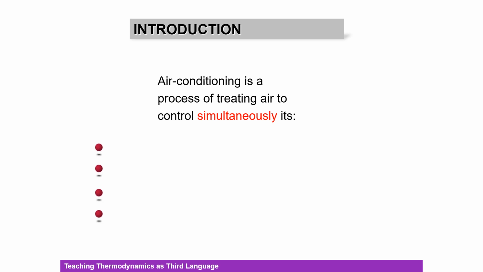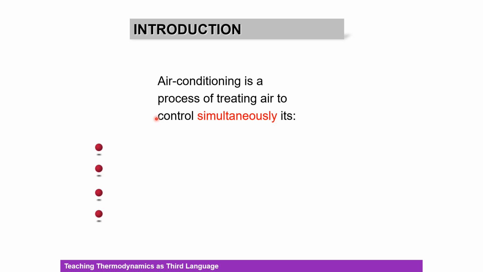So what is air conditioning? Air conditioning is a process of treating air to control simultaneously. So here we have the word simultaneously. What you're doing is you are treating air around you, right? Why do you treat the air?